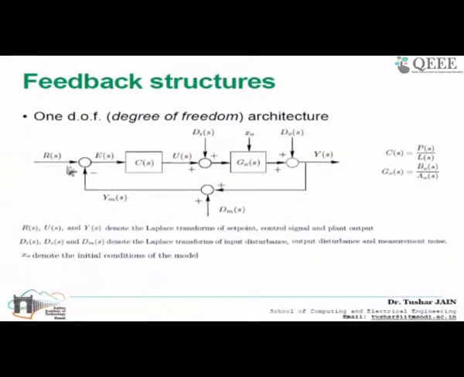So here they are defined as functions of S, which are the Laplace transforms, and we specifically define the set point, the control signal, and the plant output. We have three other variables as well: DI, which is the input disturbance, DO, the output disturbance, and DM, the measurement disturbance. These are the disturbances over which we do not have any control.